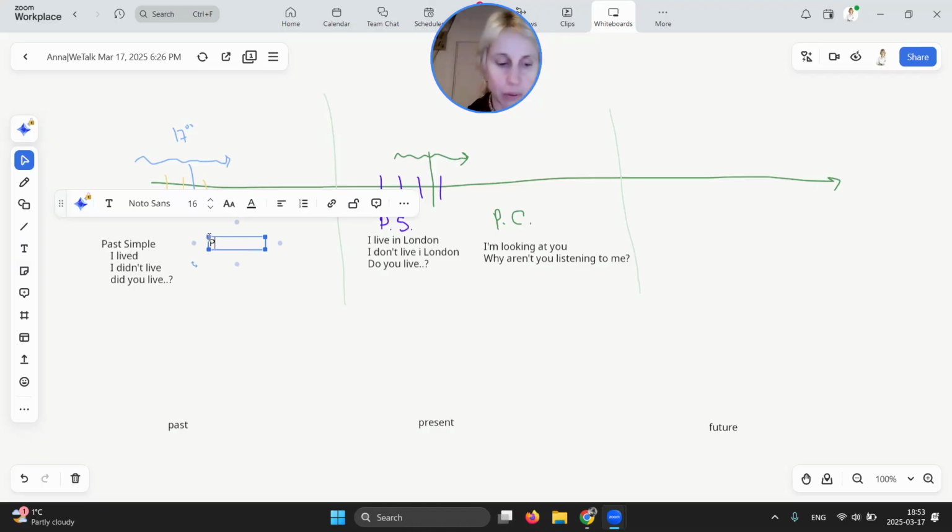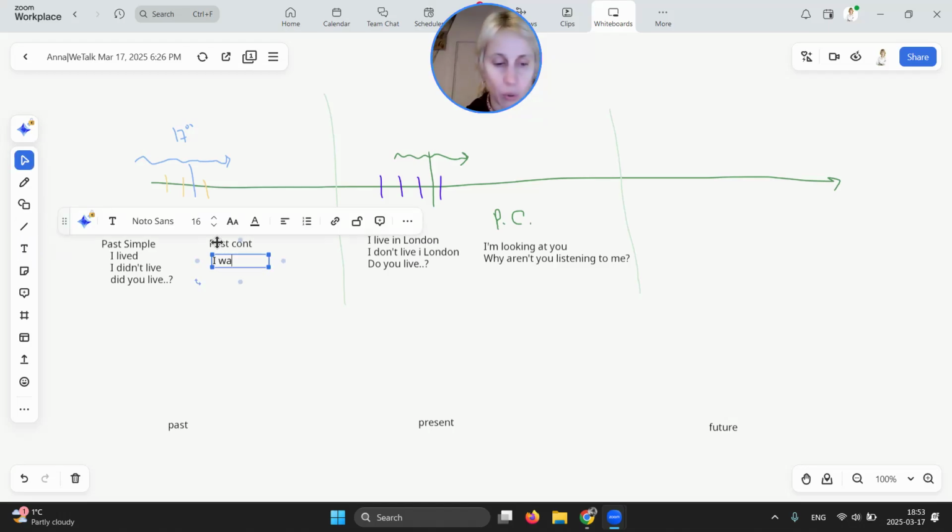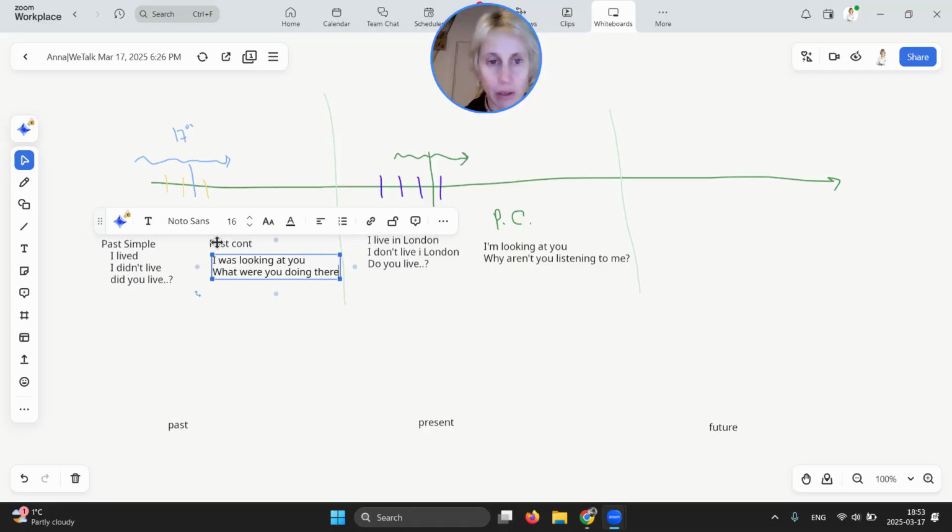So the example of past continuous here will be: I was looking at you yesterday at 5. What were you doing there in the opera, for example? I saw you there. What were you doing there?